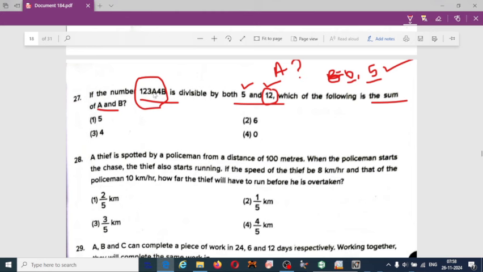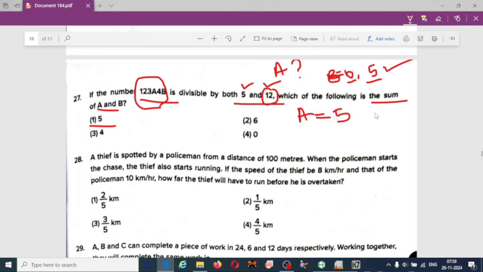If you substitute and verify for 12, option A equal to 5 is completely divisible. So here A equals 5, B may be 0 or 5.